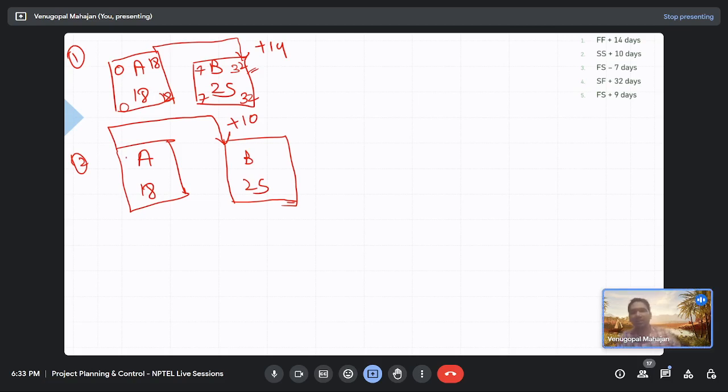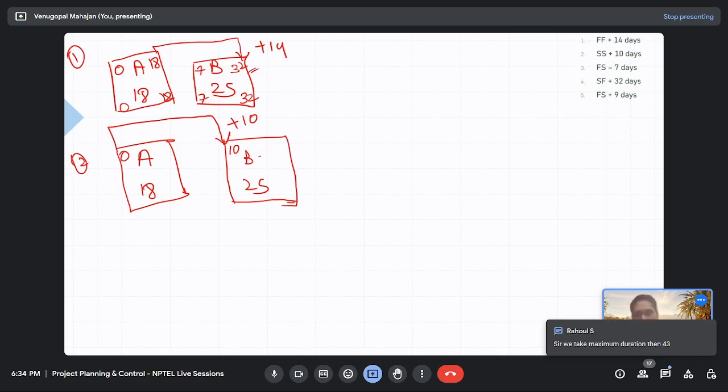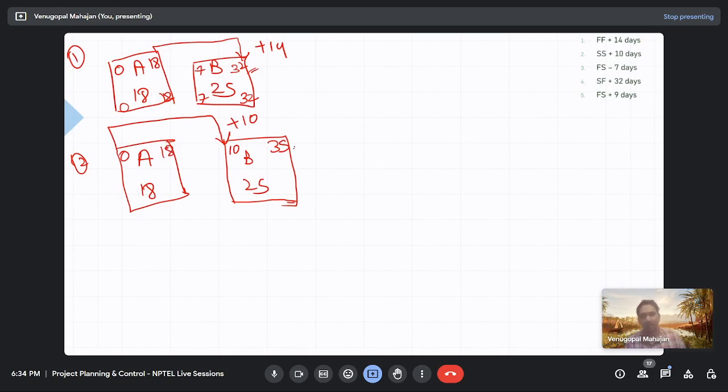So early start of activity A is 0. What about activity B then? 10. So the early finish is 35. What about activity A's early finish? 18.